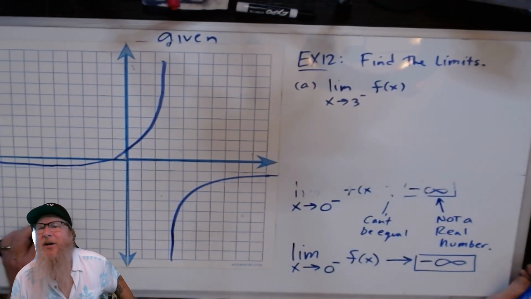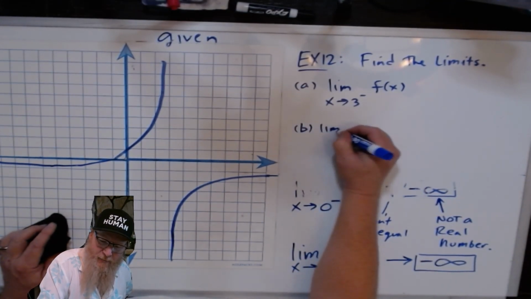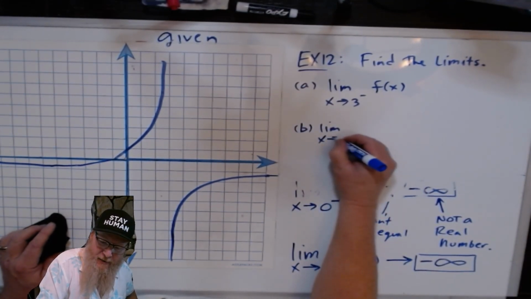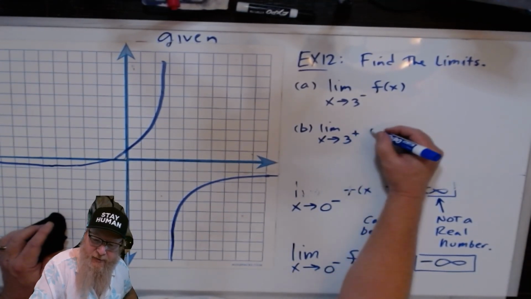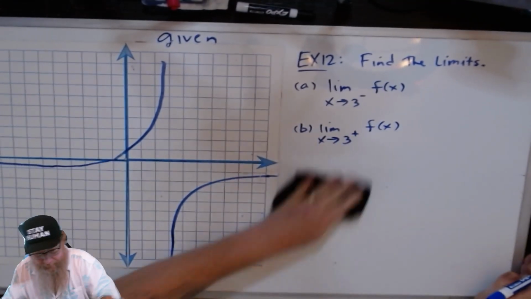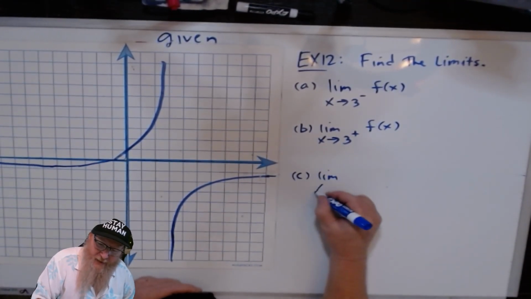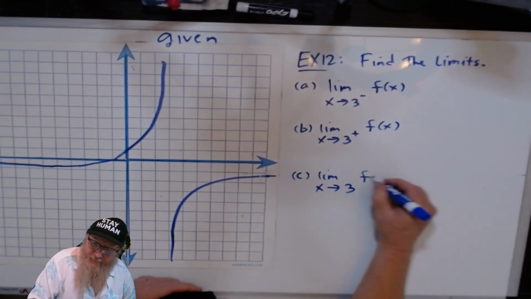I seem to be stuck on 3 today. Let's do the limit as x approaches 3 from the left, the limit as x approaches 3 from the right, and the limit as x approaches 3.